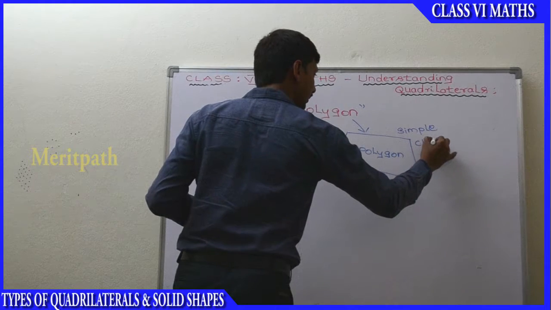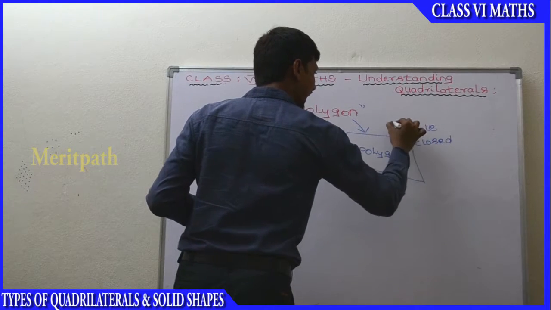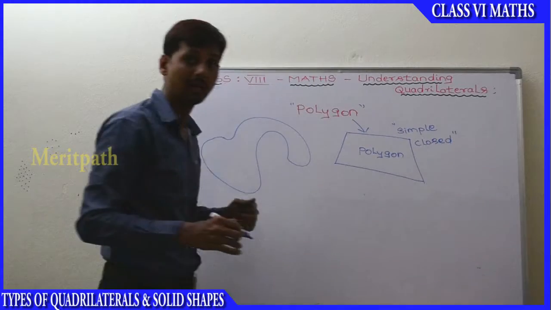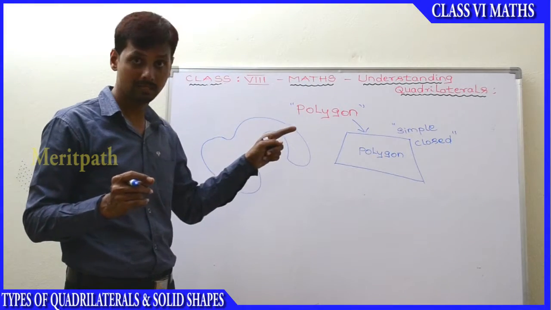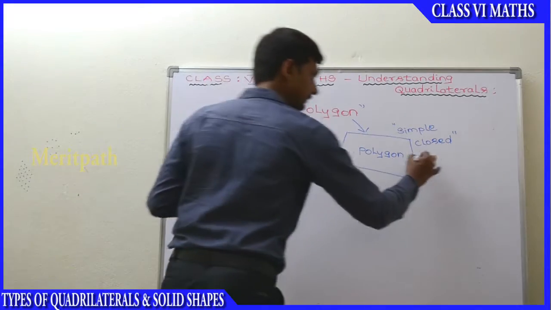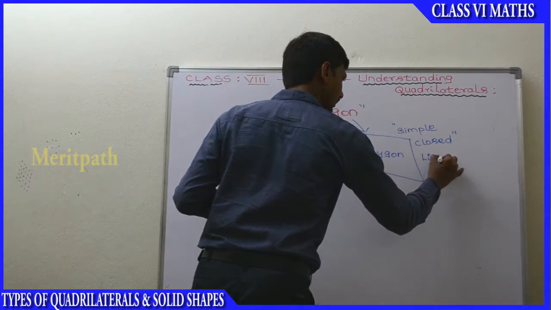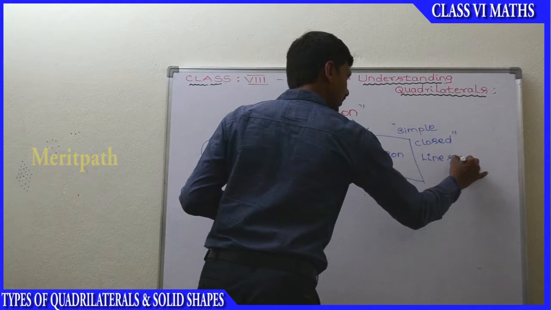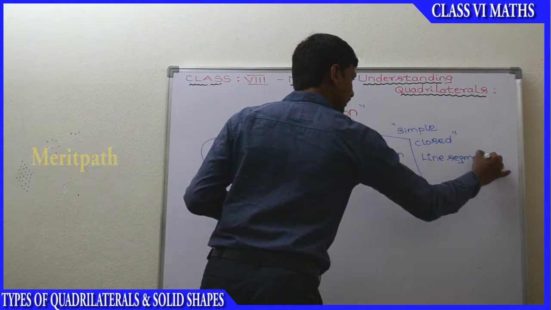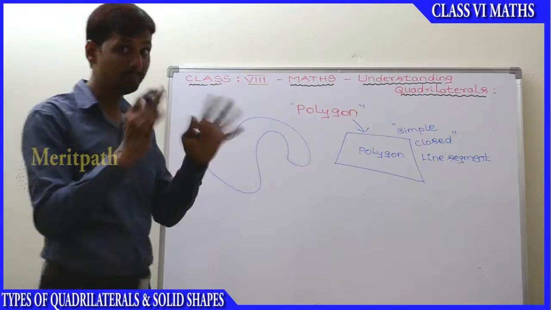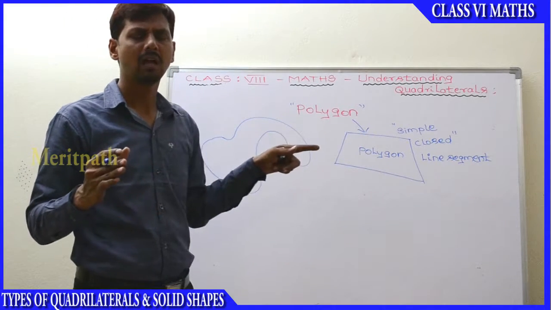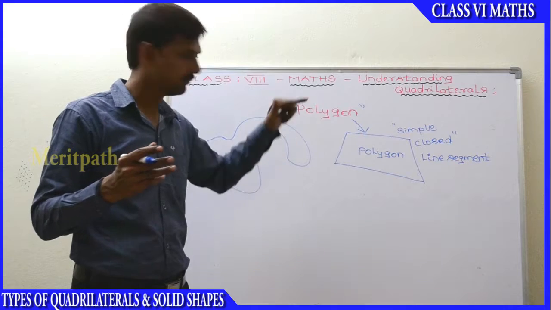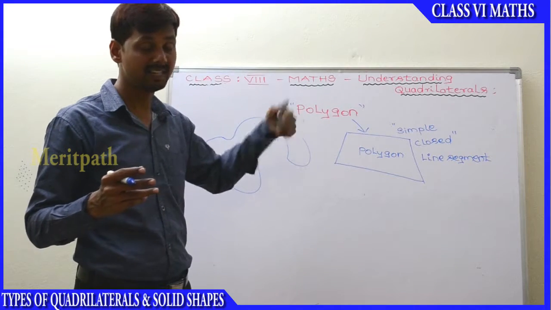A closed figure, and a simple closed figure which is bounded with line segments. We call it a polygon. Simple closed means the line is not intersecting itself. It's already closed, because we started and joined at the same point.